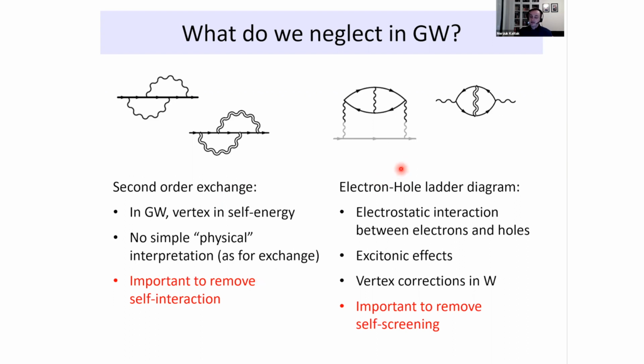In contrast, the electron-hole ladder diagrams can be interpreted as electrostatic interaction between virtual electrons and holes. So they account for excitonic effects, and they describe corrections to the vertex in W. So they are therefore important to remove self-screening effects.